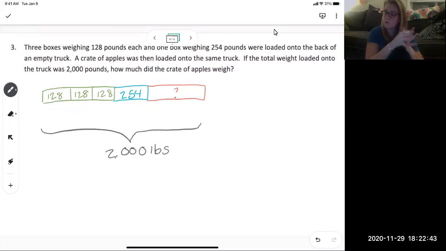So pounds is abbreviated as LBS because the Latin word for pound is libra. So we are going to abbreviate pounds with LBS. Okay.